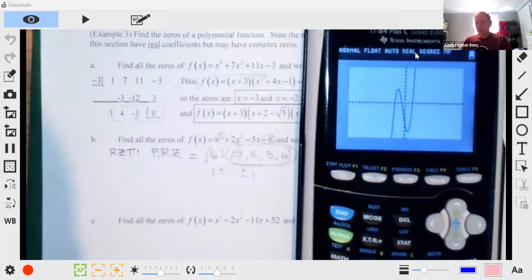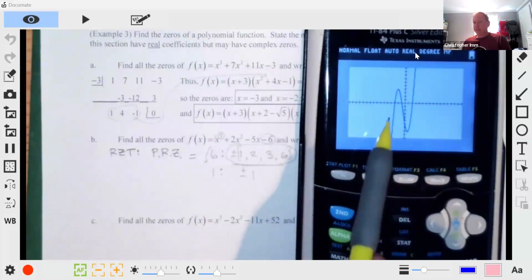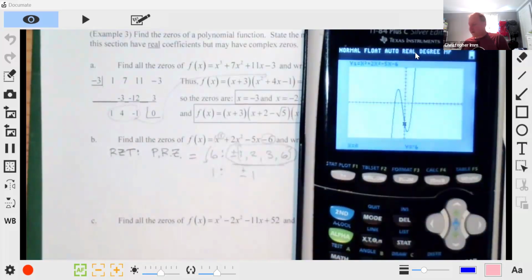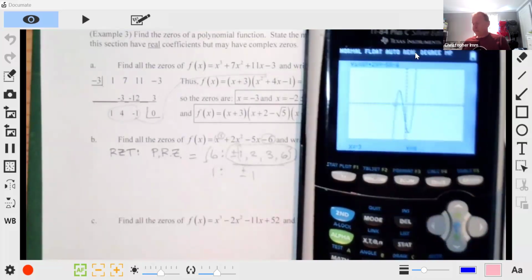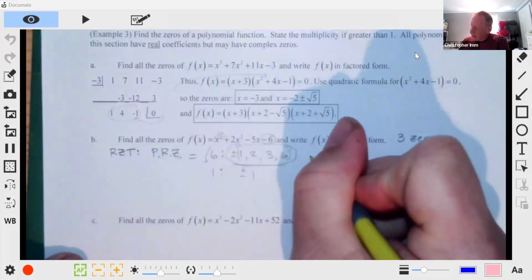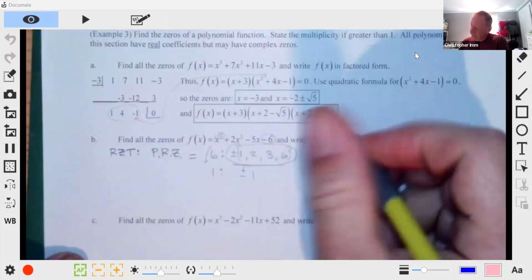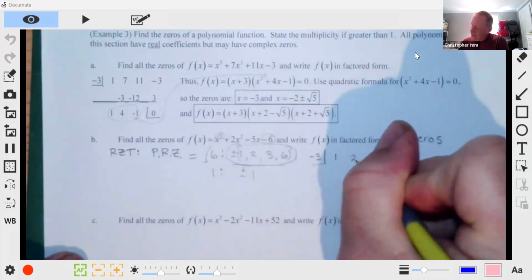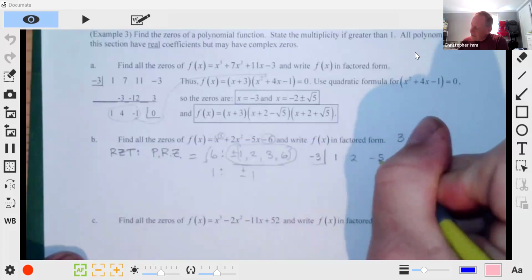So I just choose one of these and I divide it in. So I'll just start at the left point. What I'm going to do is a trace just to make sure. I'm going to plug in -3, and it does say 0. So I'm going to use that to divide in. I'm going to have -3, and then my coefficients are 1, 2, -5, and -6.